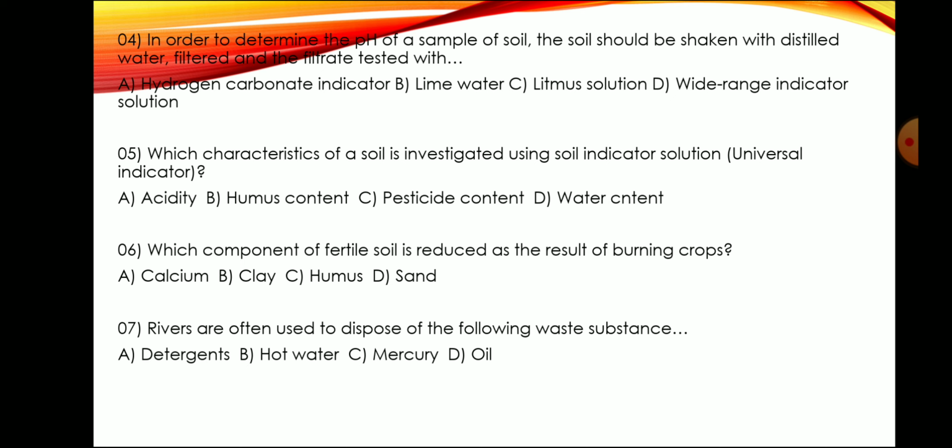So in the rivers mostly hot water enters, and water pollution takes place by the help of hot water also. So the correct answer is hot water.